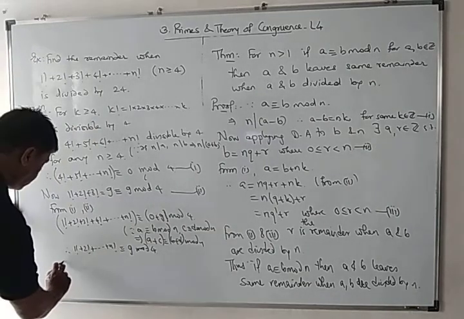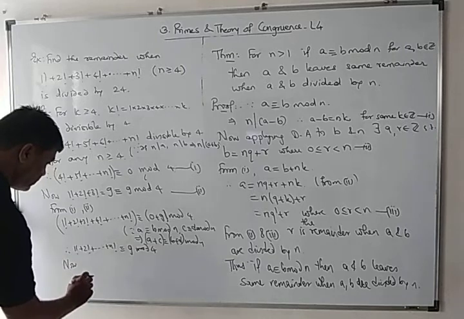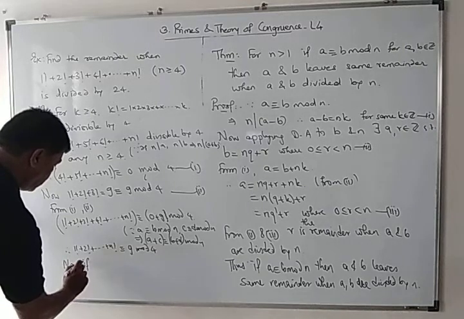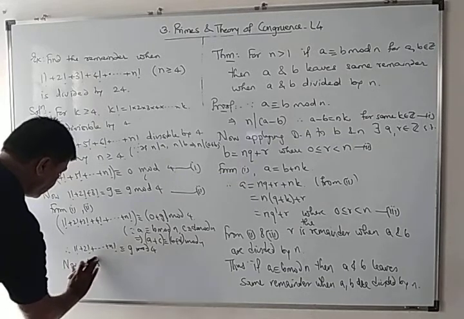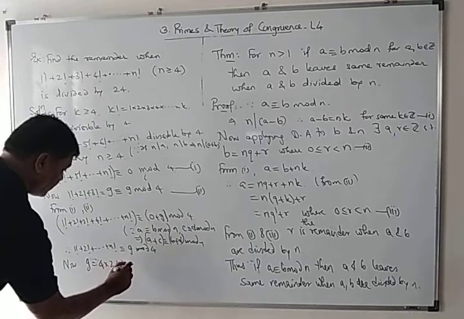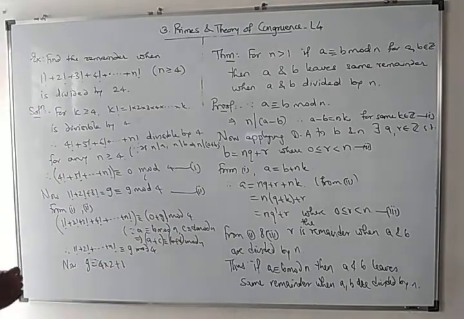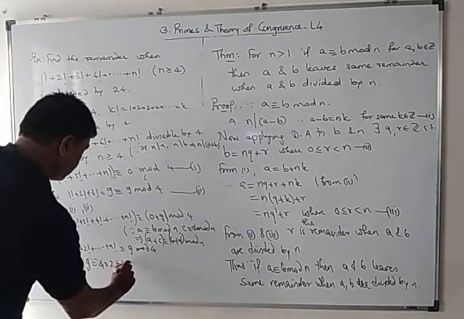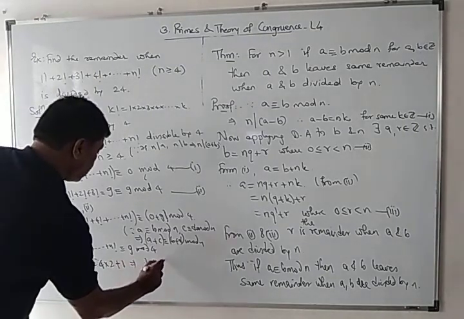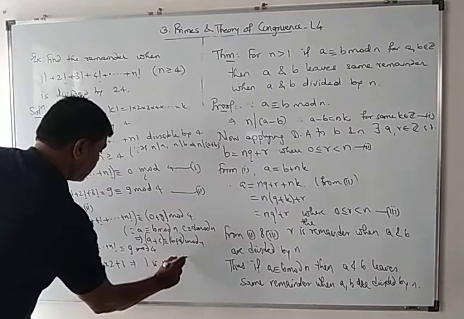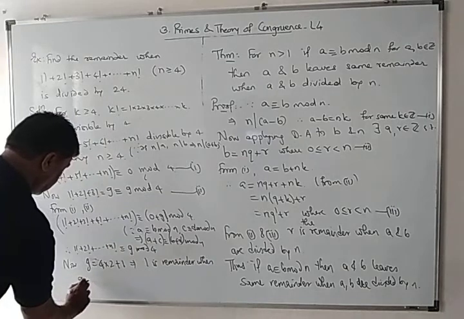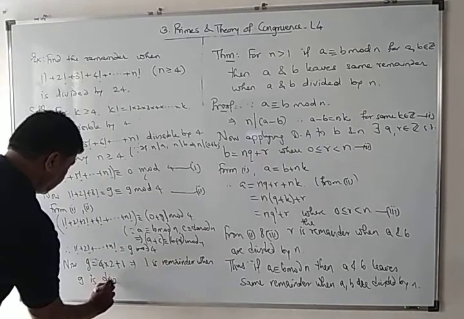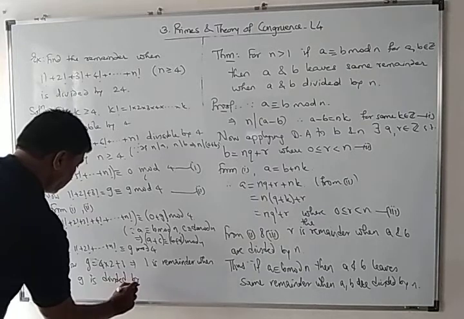Now 9 is equal to 4 into 2 plus 1, okay, implies 1 is the remainder when 9 is divided by 4.